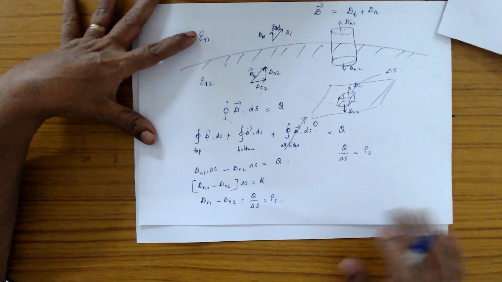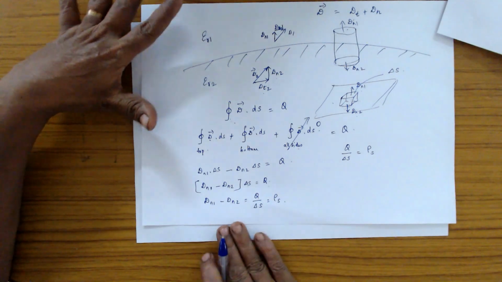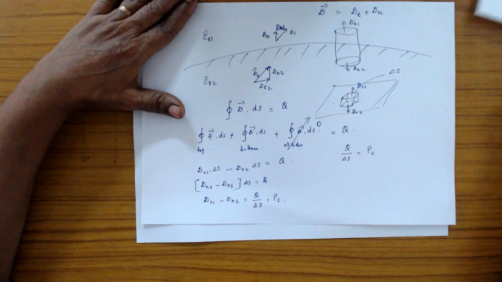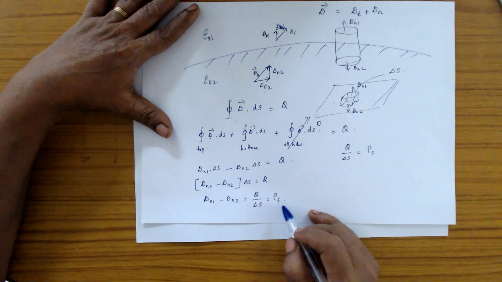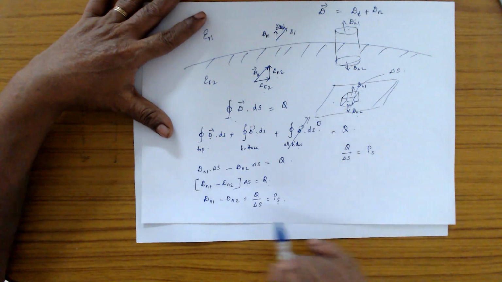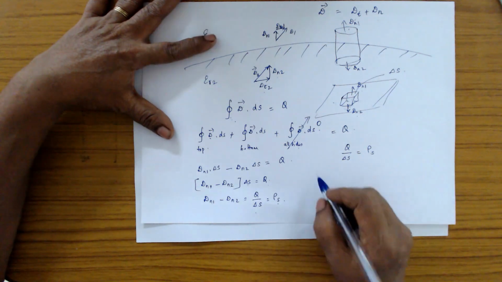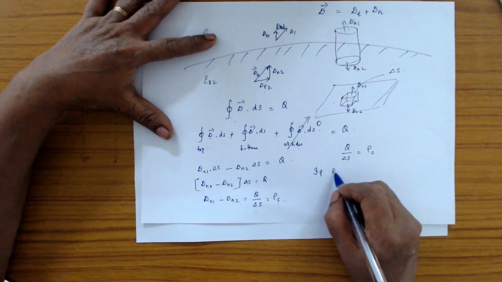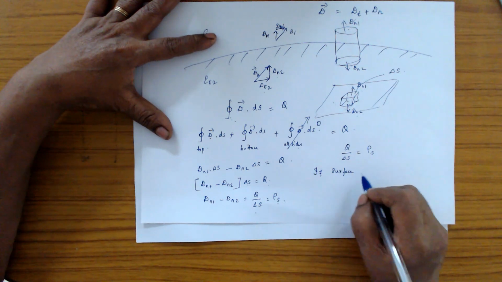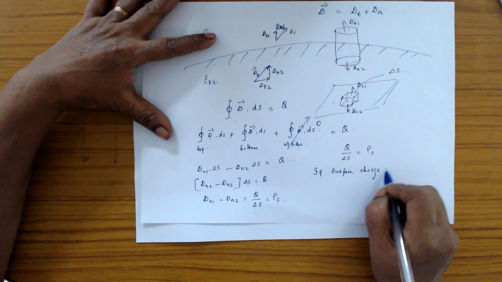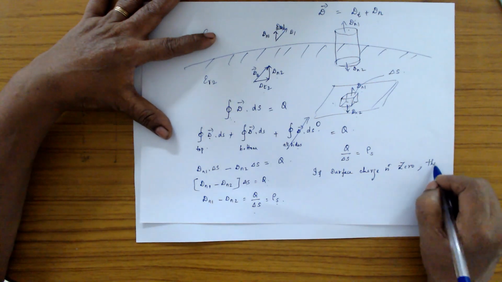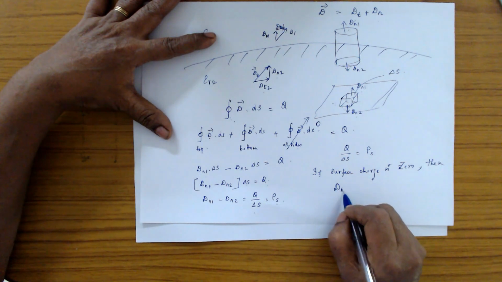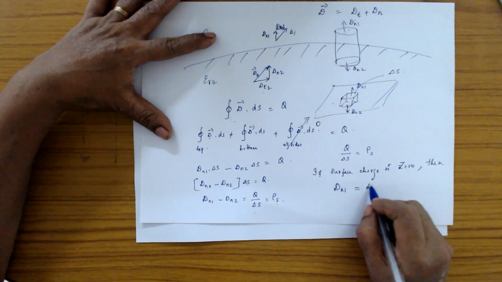So this shows that, from this boundary condition, if the surface charge is 0, then we can say that the normal component Dn1 is equal to Dn2.